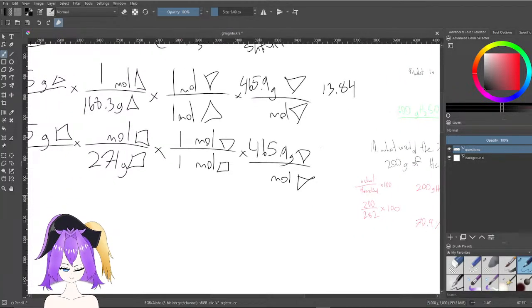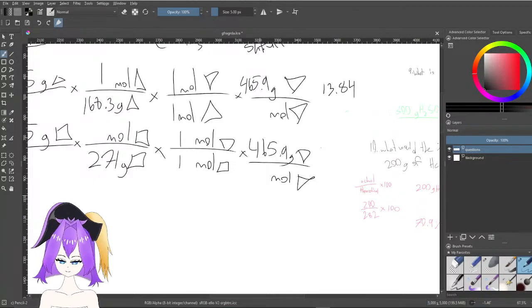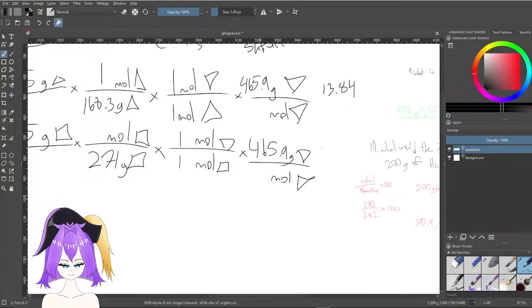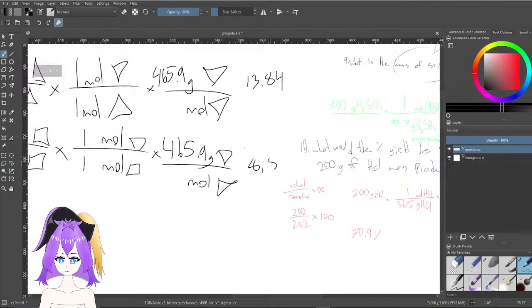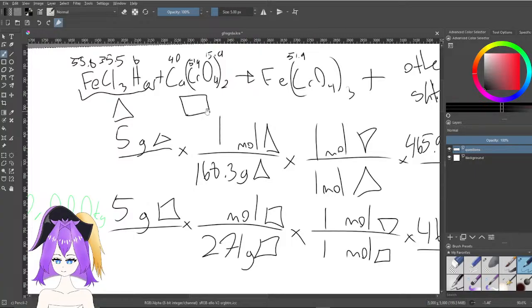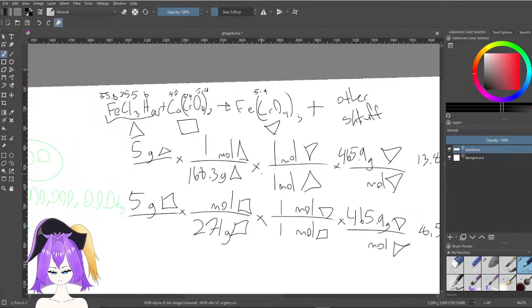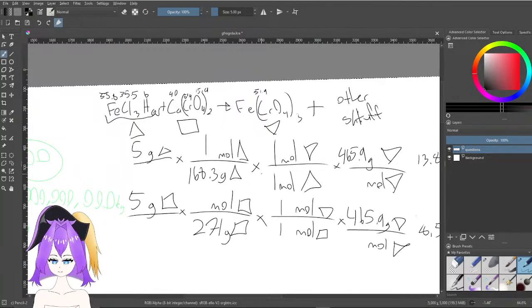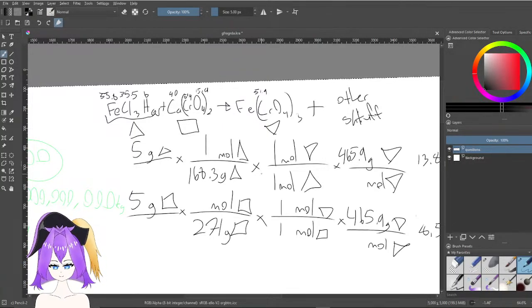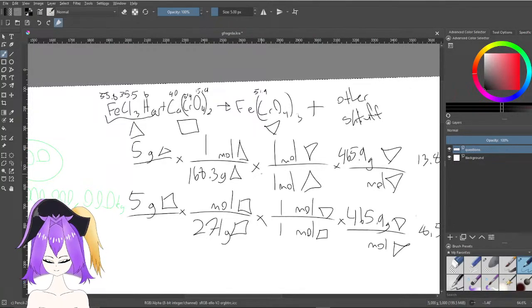So it's going to be 5 divided by 271 times 465.9, 8.59. So this means that whatever, okay, this was triangle, this was square, and this was Dorito chip. So the calcium chromate, CaCrO4, is the limiting reactant. So I'm just gonna copy these down on my paper. 1 mole.